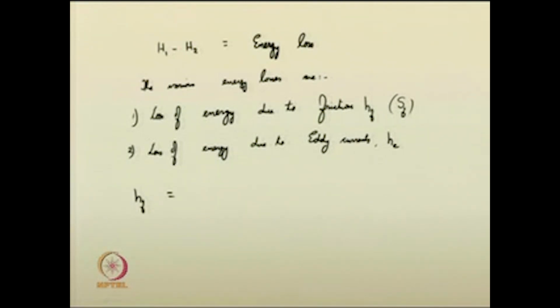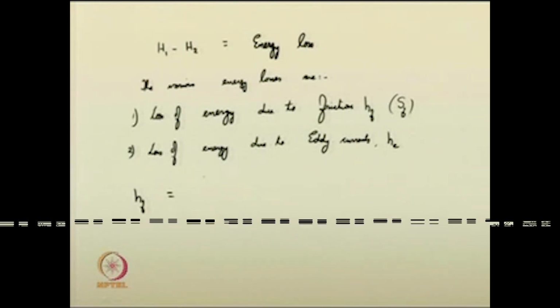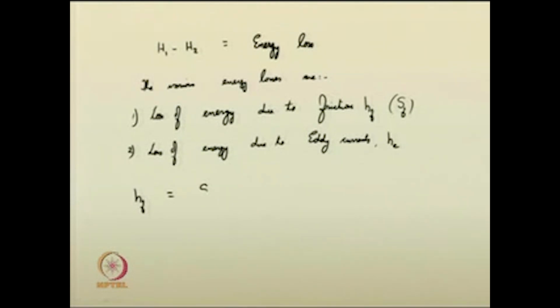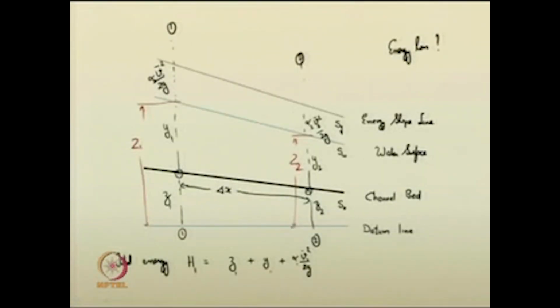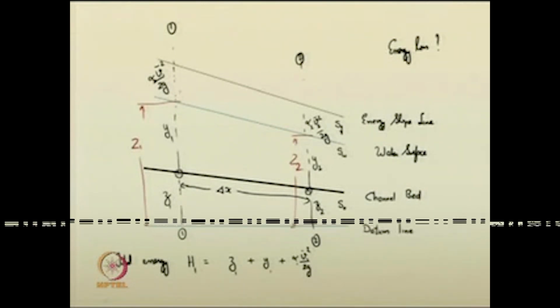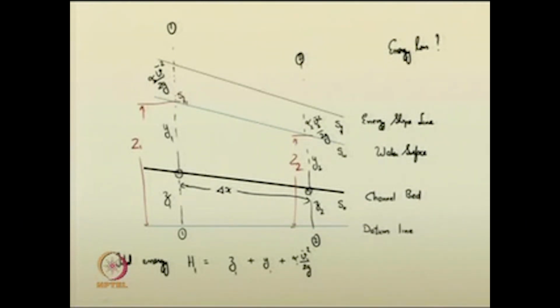HF, the friction loss, can be given as the friction slope into del x. So, we are going to take the average friction slope between two sections, say in this case, this is section 1 and this is section 2. So, what is the friction slope here? SF1. Here, it is SF2.